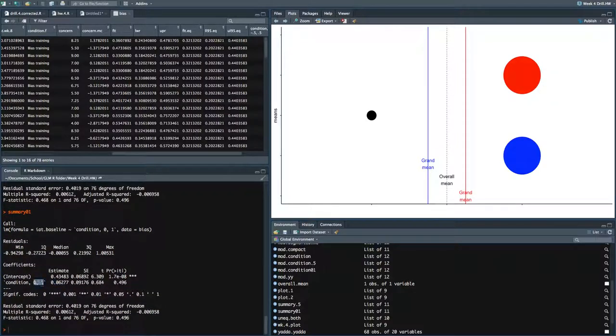If we use dummy coding of 0 and 1, the estimate is the prediction for the group that is coded as 0, and the estimate for the slope is, when you move up a 1 unit increase from condition 0 to condition 1, how much do you expect it to go up or down? In this case, we expect it to go up, because those who had bias training are predicted to have a score higher by 0.06.